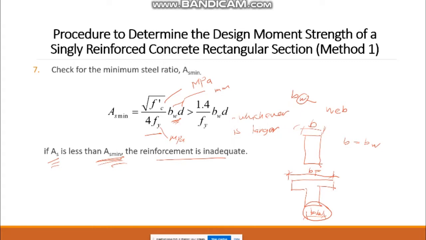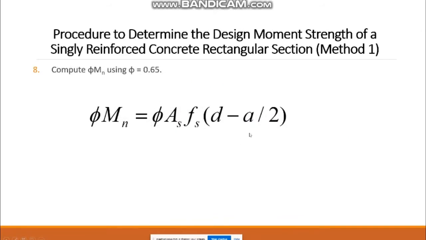This is method 1. Okay, so finally, once na-compute na natin, then next slide natin, we can compute the size of the strain, no?